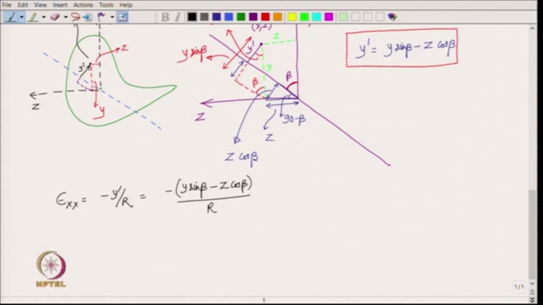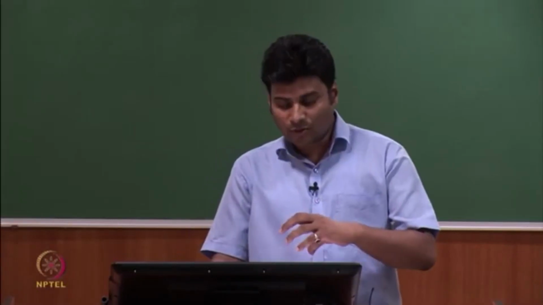Now, let us try to find out the moment about the centroid of this normal stress distribution, because that is going to generate the resultant moment, and that should be equal to the moment in the cross section.